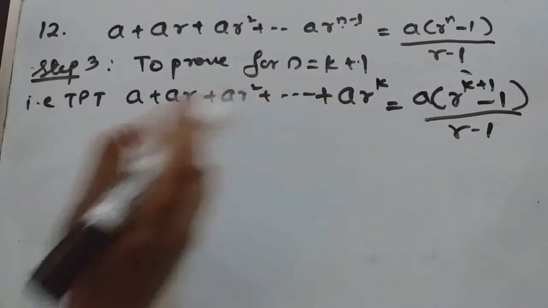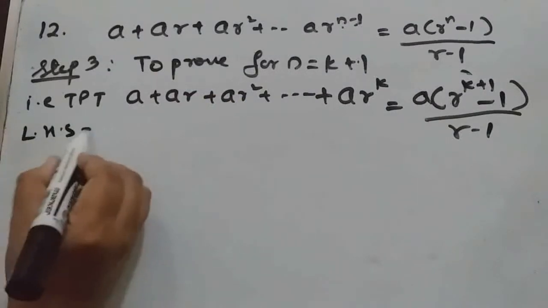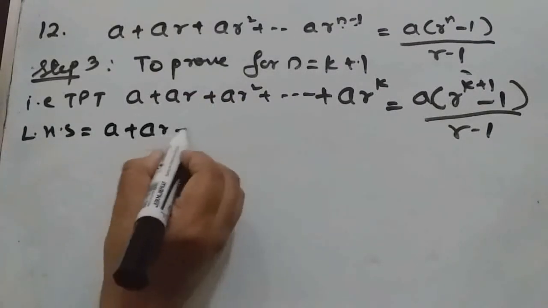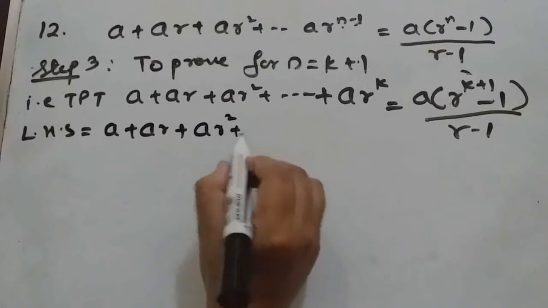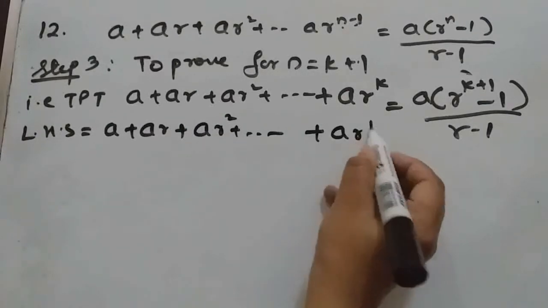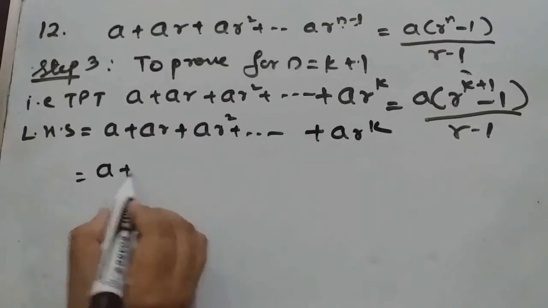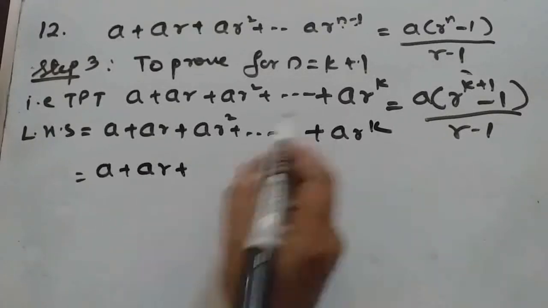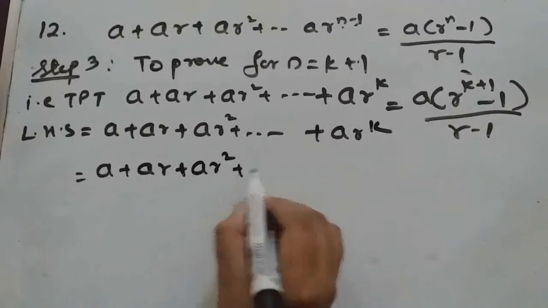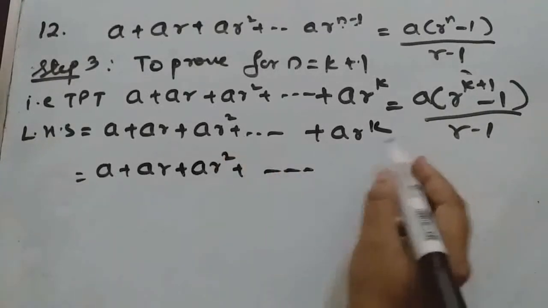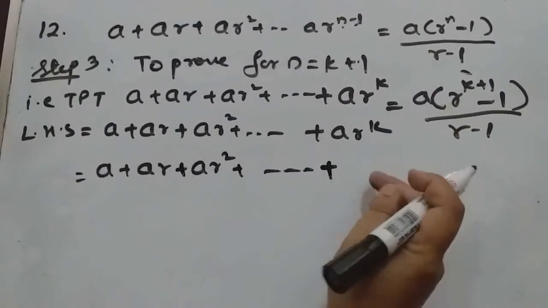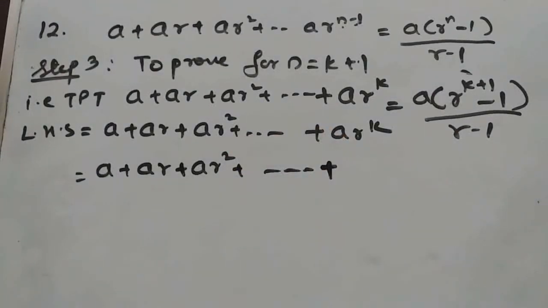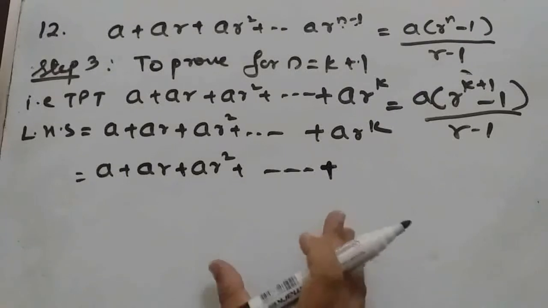So we will consider the left hand side of this expression. Now to find the previous term, by observing the pattern we can find it, or since we have solved so many questions here. So what we are getting?